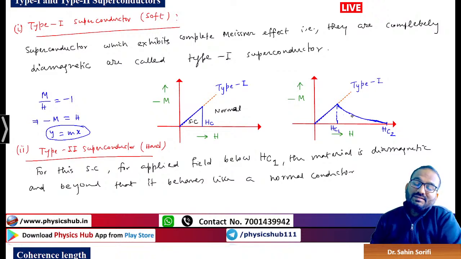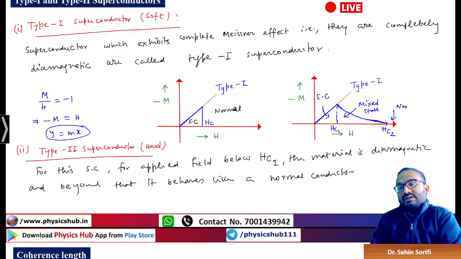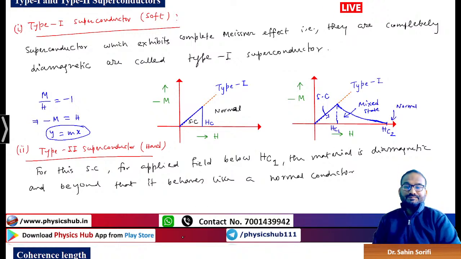So you can see it has three regions. One is region 1, then beyond HC1 it is behaving like a mixed state of superconductor and normal conductor, and beyond Hc2 it is behaving like a normal conductor.